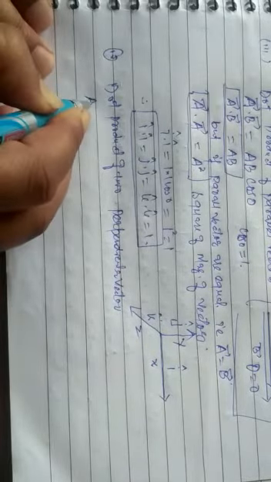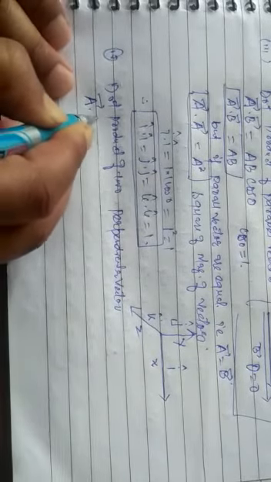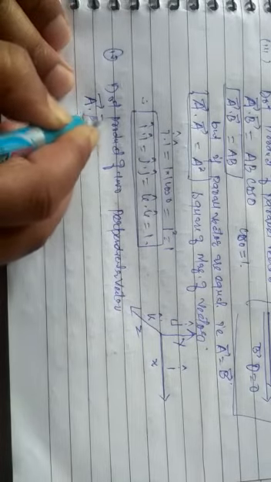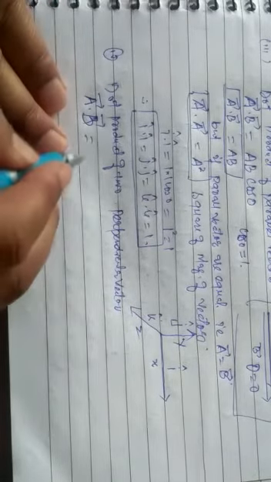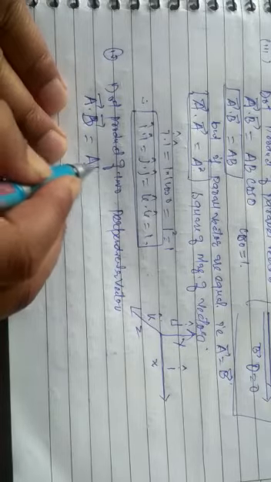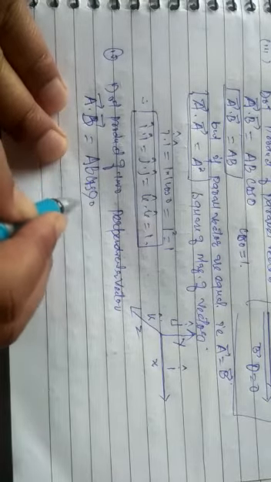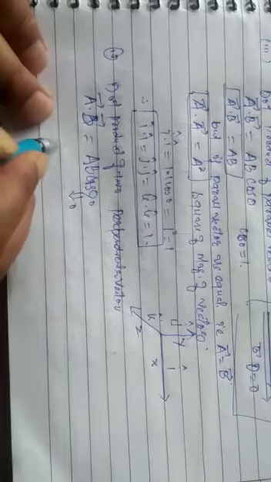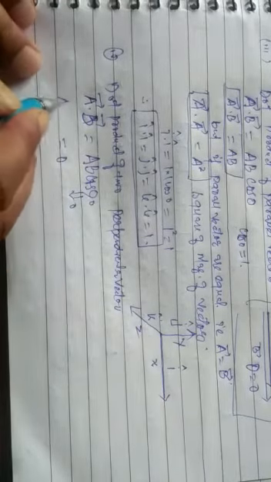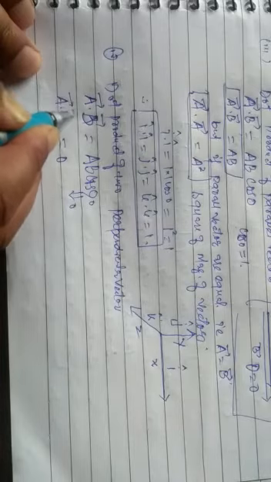Let A and B be two perpendicular vectors, then A dot B equals the magnitude of A, magnitude of B, and cos 90. How much is cos 90? Cos 90 equals 0, that is simply 0. So A dot B vanishes.